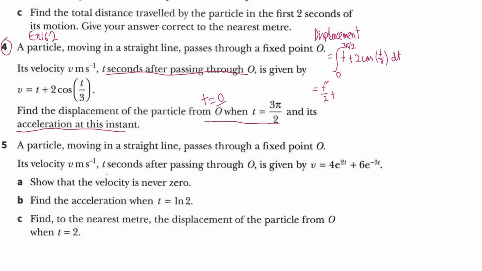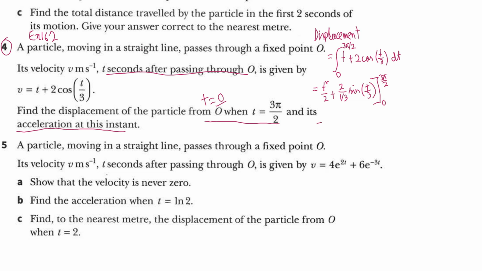The next one is 2 divided by 1 by 3, because it is integration, so the coefficient of t comes here as a reciprocal, and integration of cos gives us sine t by 3. The upper limit is 3 pi by 2 and the lower limit is 0.